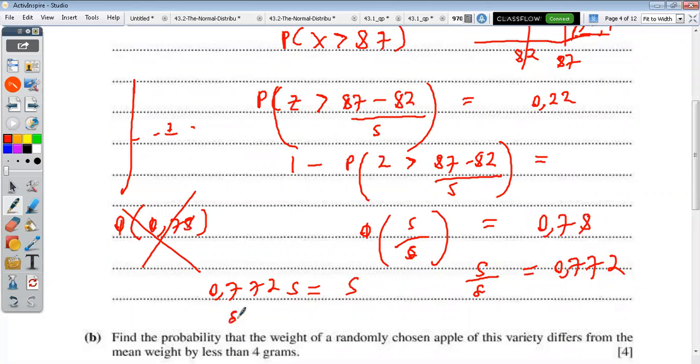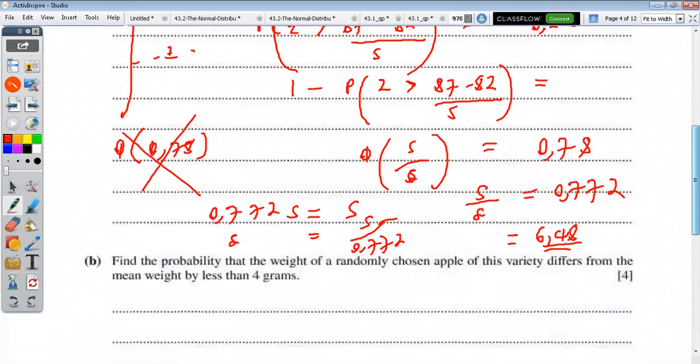Then 5 S, sorry, to S. S is equal to 5 divided by 0.772. What do you get? You get 6.48. Clear?